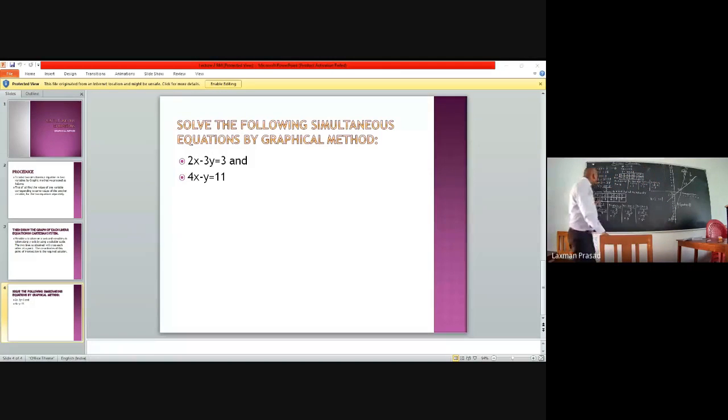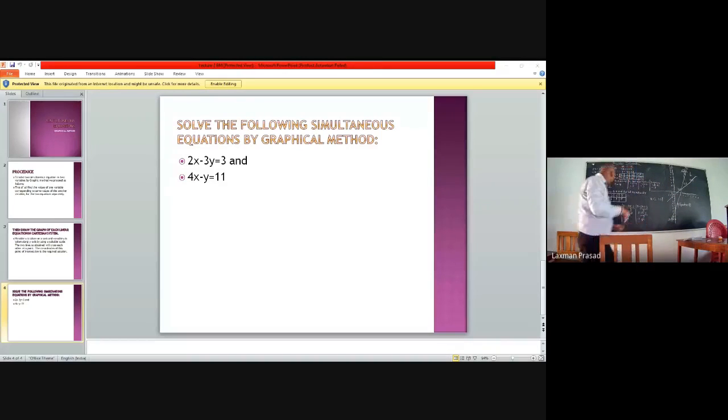So here the value of x is 0 and the value of y is minus 1. Below the origin, this point, the value of x is 0, then the value of y is minus 1.